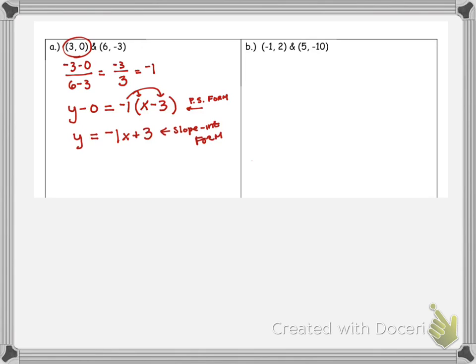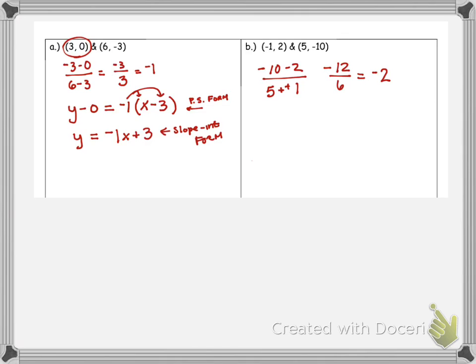Find the slope for B and enter it on Edpuzzle. You should have taken -10 minus 2 over 5 minus -1. So that's -12 over 6, which is the slope of -2.